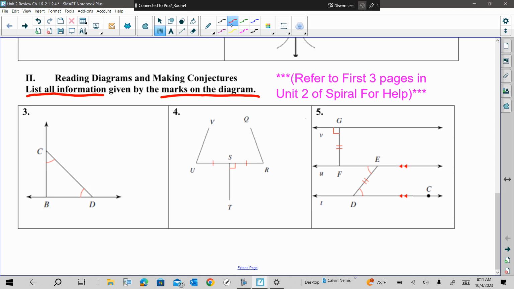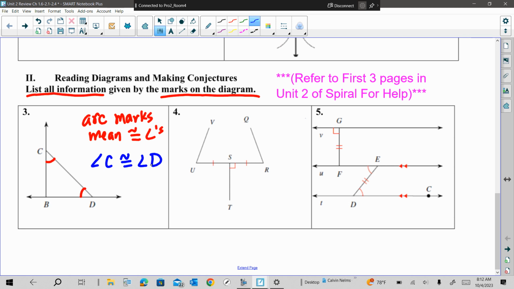On the first one, the only marks are these curves. We have arc marks. The arc marks will mean you have congruent angles. So which angles are marked? Angle C is congruent to angle D. That's what you're listing based on that marking.